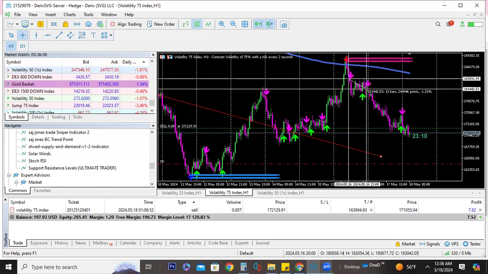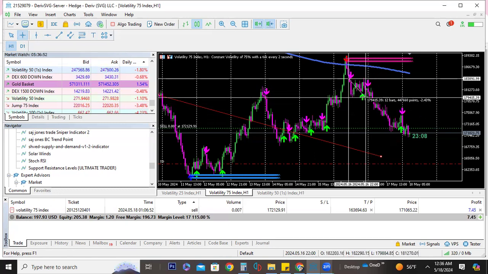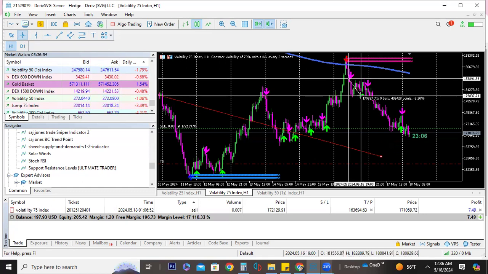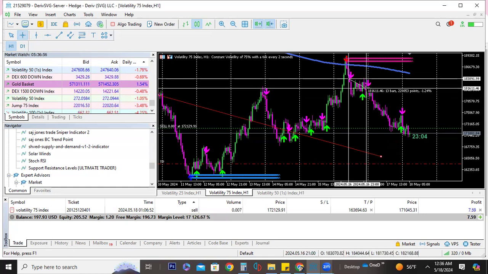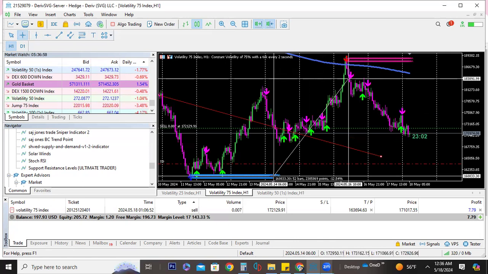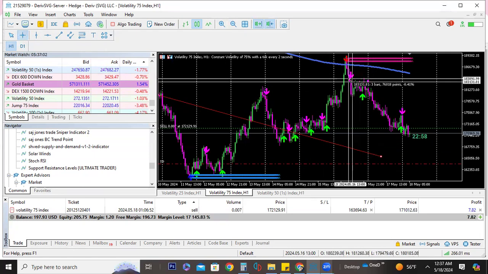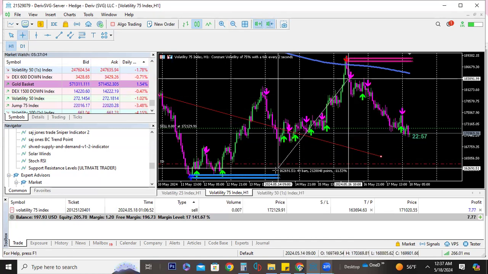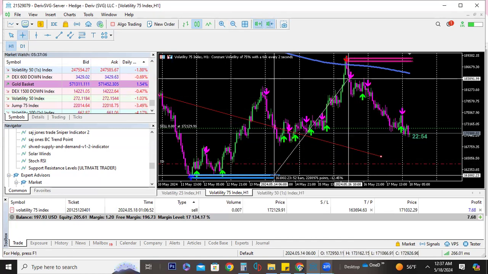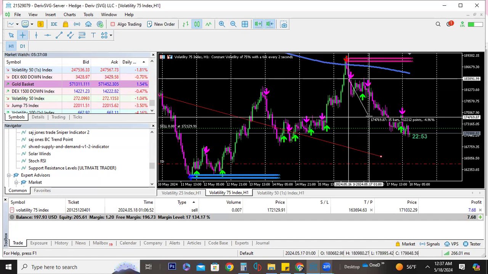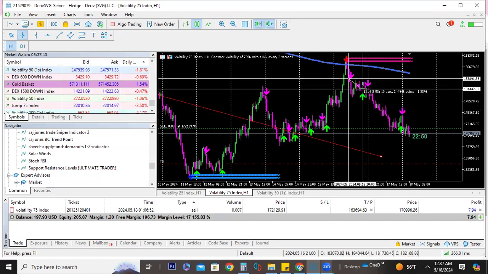Or you can hold it in this direction until you get an adverse entry here, or keep holding until you hit previous support. So what I typically do is I hold until I hit previous support, but I only enter when I get a trend point arrow.